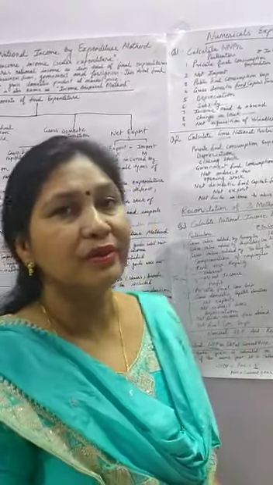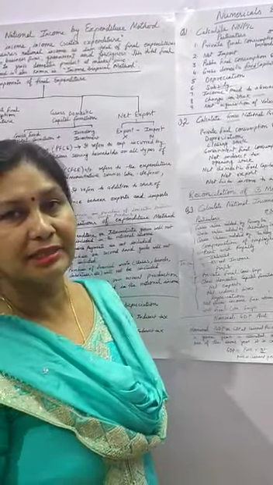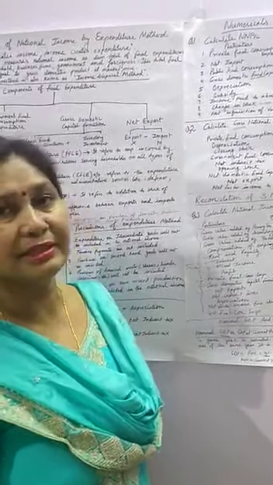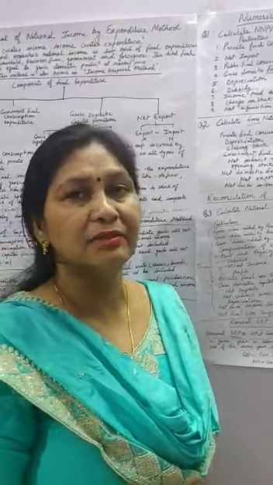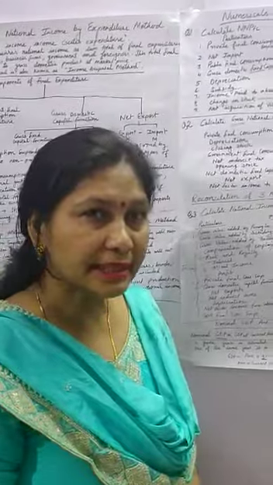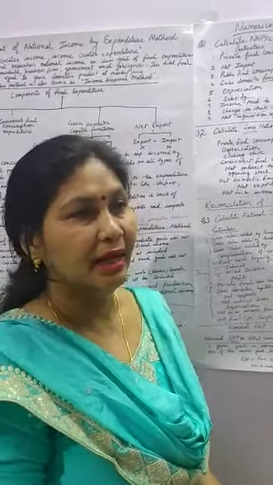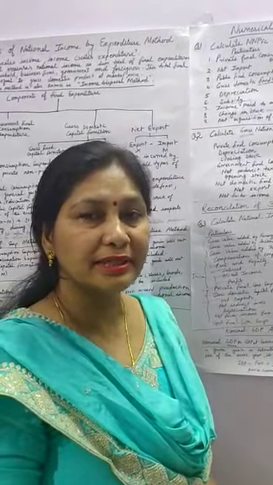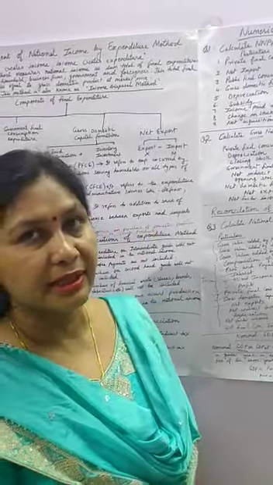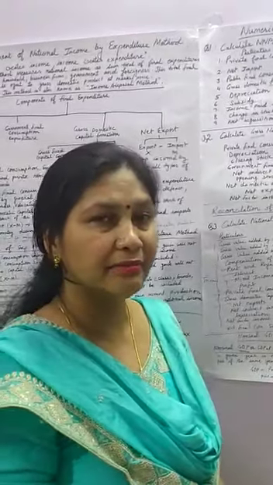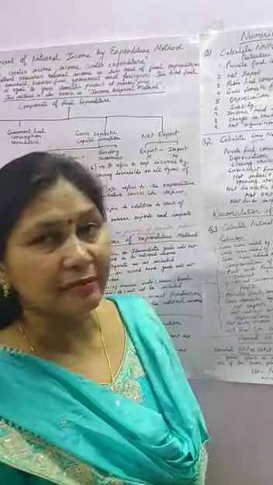Now you can understand what national income is and what the different methods of national income are. These methods can be taken separately, because from each method the national income should be the same, but the methods are different because there are different economic activities. Either you can take the production activities, so you are using the value added method. If you are taking the distribution of income to the factors of production, you are using the income method.